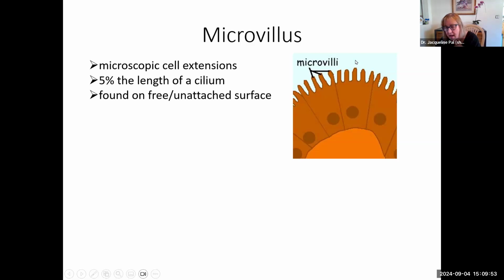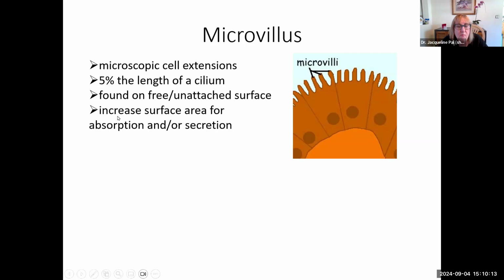Would you rather have this amount of surface area, or would you rather have this amount of surface area? Do you see how the microvilli give that much more surface area?